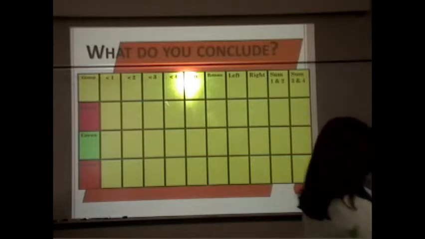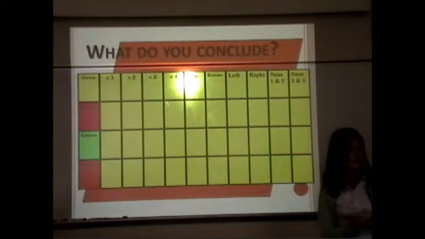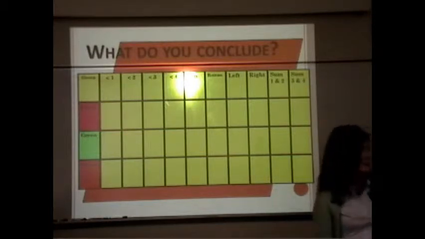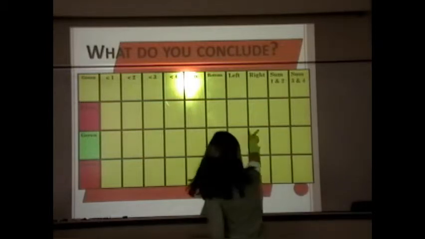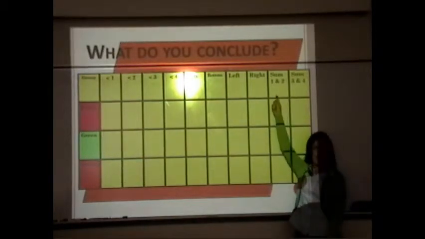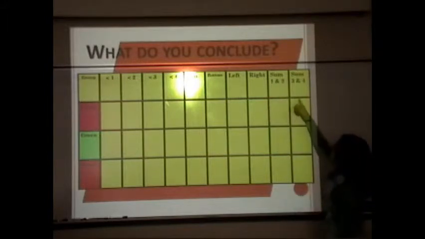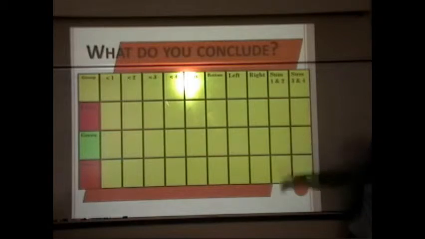So if you look on your chart, pink, orange, and green, you're going to measure all the angles for each one, record it, and then at the end of the chart, there's a couple different things I ask you to do. You're going to take the sum of angles 1 and 2 and the sum of 3 and 4, and you just record that in. And we'll talk about it in a few minutes, okay?